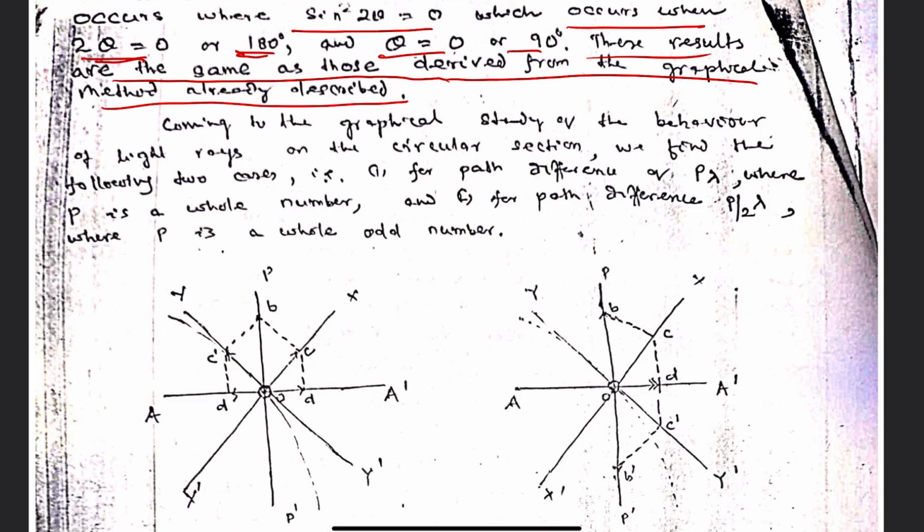That means theta is equal to 0 or 90 degrees. Here we find 0 intensity, and here we find maximum intensity. So at a 45-degree angle we get maximum intensity of light.